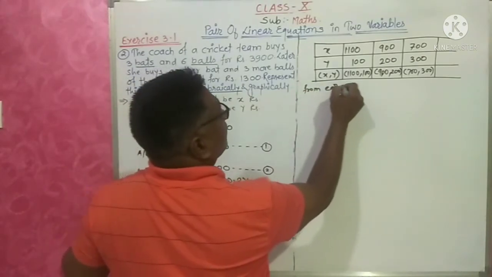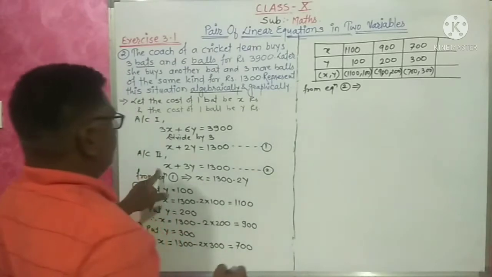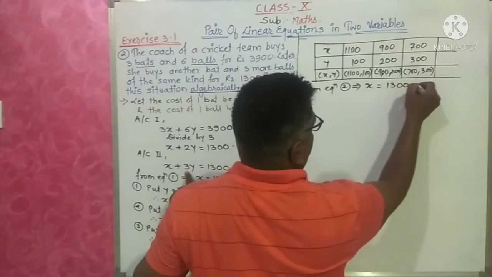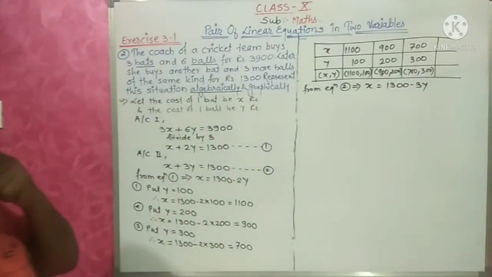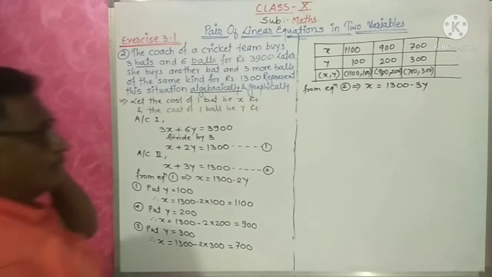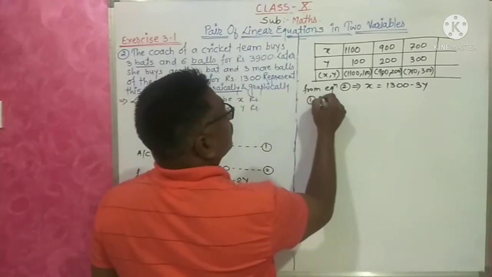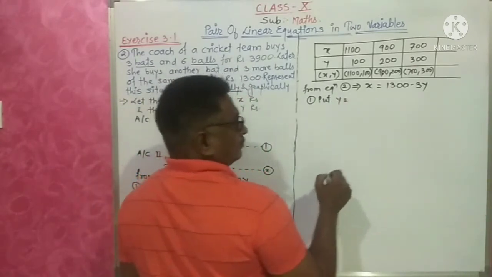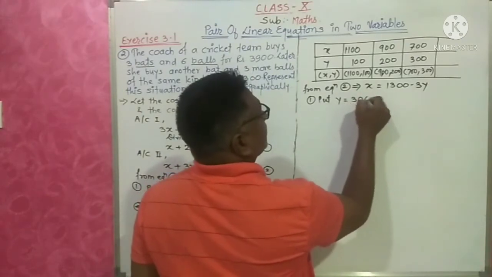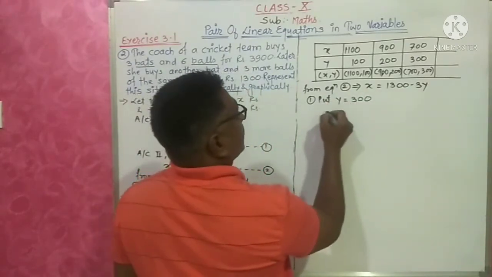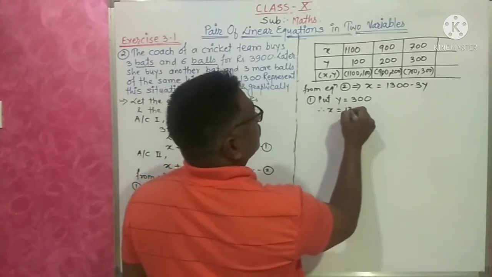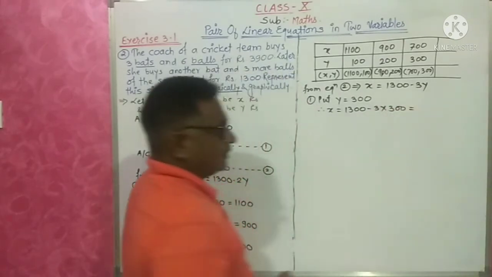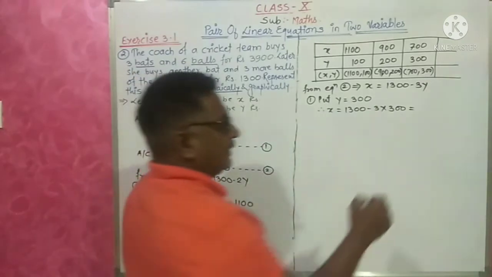Now we will go to the second equation. From equation 2, same way, x equals 1300 minus 3y. First put y equals 300. Therefore x equals 1300 minus 3 into 300, which is 1300 minus 900, that is 400.